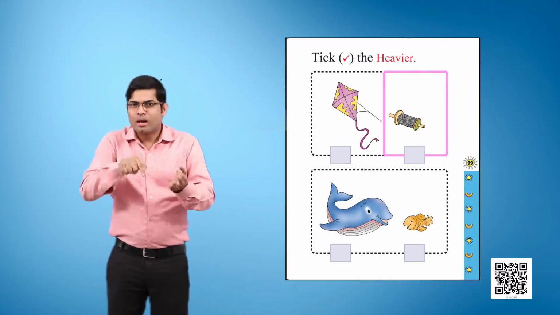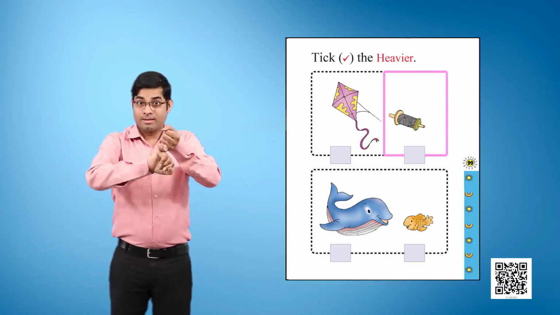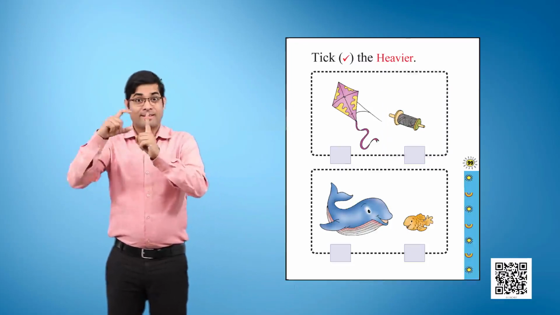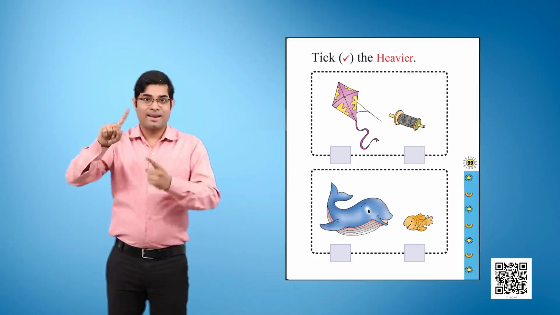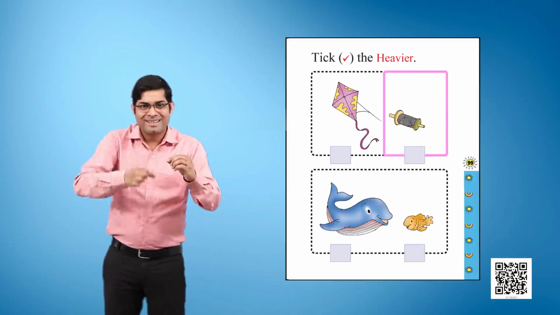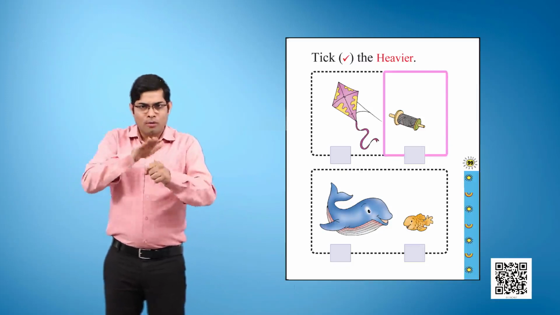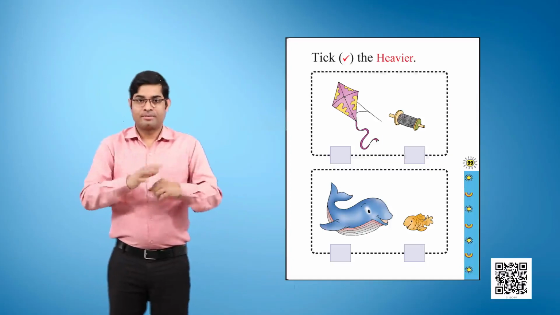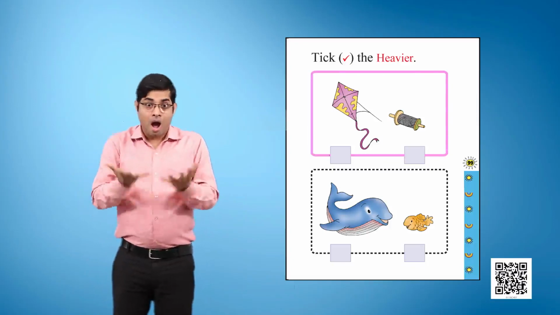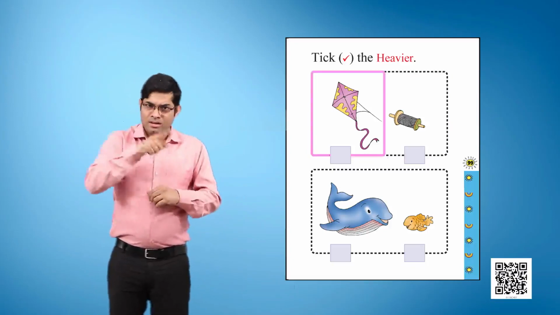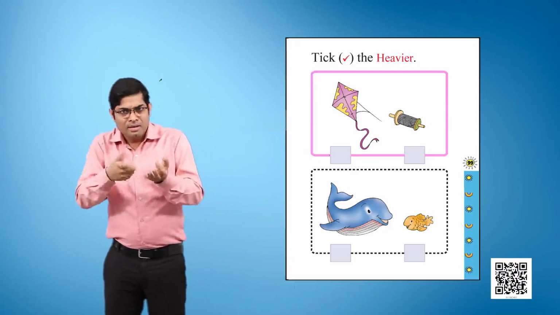Charkhi is also known as a spindle, and is usually made of wood or plastic. You have to tell which one is heavier, the kite or the spindle.